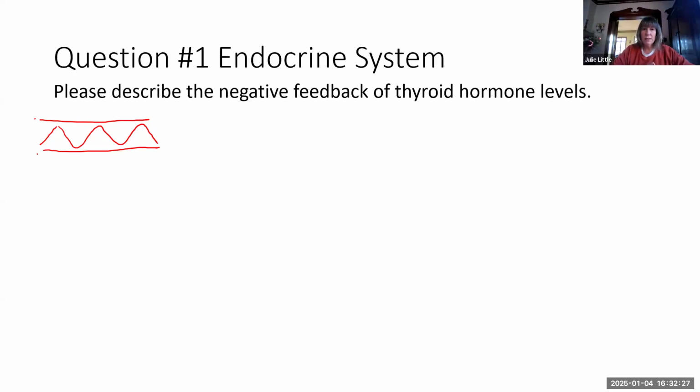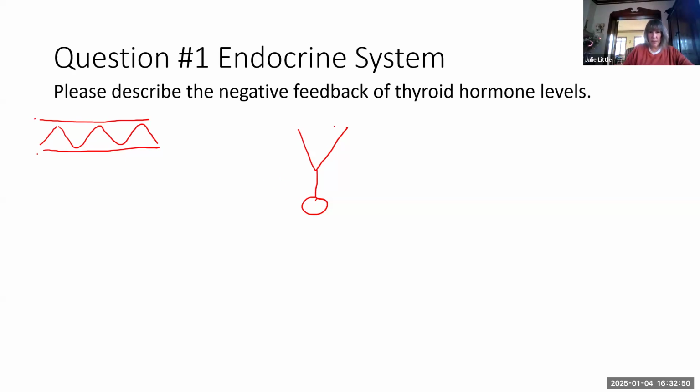And so when we're discussing how to control thyroid hormones, first of all, you have to know how thyroid hormone is released. For the final exam, you do not have to put this all in words. You see how I'm drawing? I express myself better in picture form. You can draw, you can write out the steps, you can do whatever you want as long as your answer is correct.